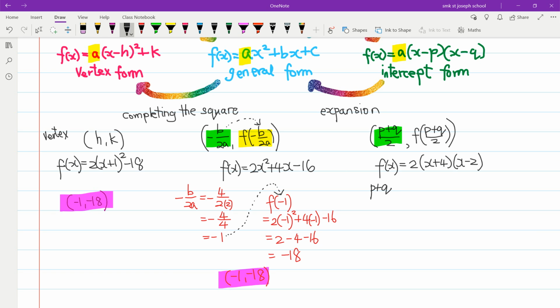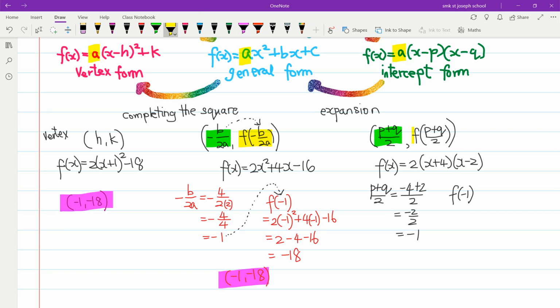The function is x plus 4 times x minus 2, so p is negative 4 and q is 2. Be careful with this. So I get negative 2 over 2, that gives me negative 1 again. So I do f of negative 1.